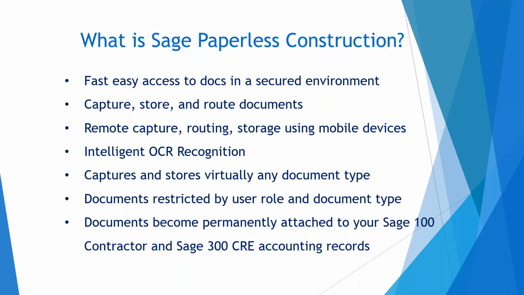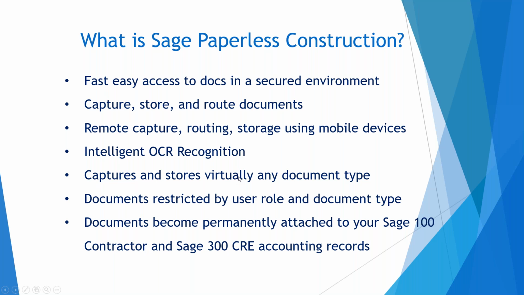You know whoever has touched the document, who has seen it, or done anything with it, and what's been done. If you have our OCR piece, it will fill in a lot of that information on the front end. We've got the remote capabilities. You can store virtually any kind of image, including living spreadsheets in Word documents.